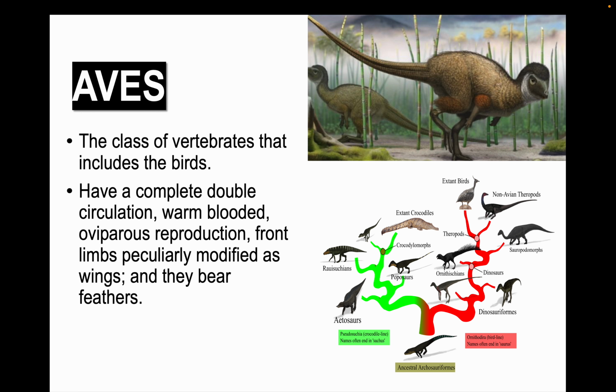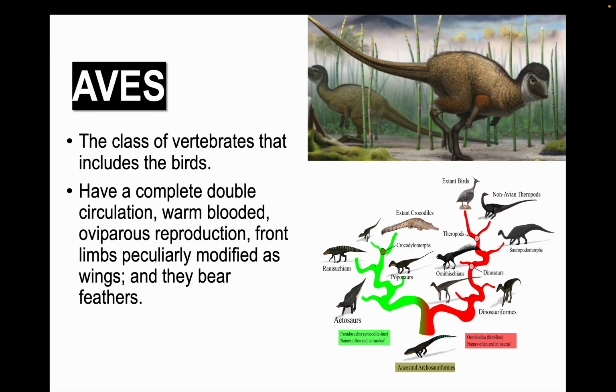Now, these animals, the aves, are warm-blooded vertebrates. They are oviparous. They lay their eggs, allowing the development of the young outside the body of the female parent. No? The front limbs of aves are usually modified as wings, although not all birds are able to fly. And they bear feathers.